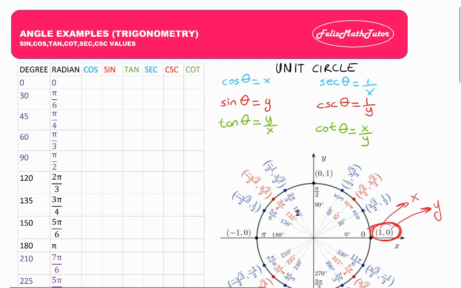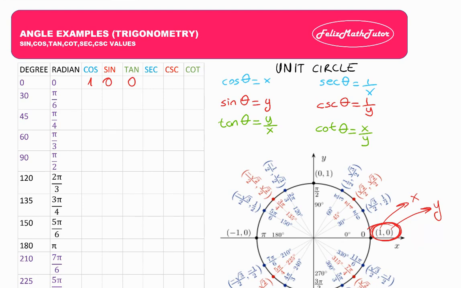So we said x value is cosine. So my cosine is 1 and sine value is 0. By using y over x for tangent, I will find 0. Yeah, 0 over 1 is 0.